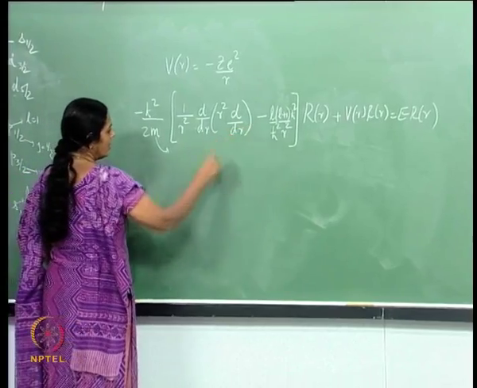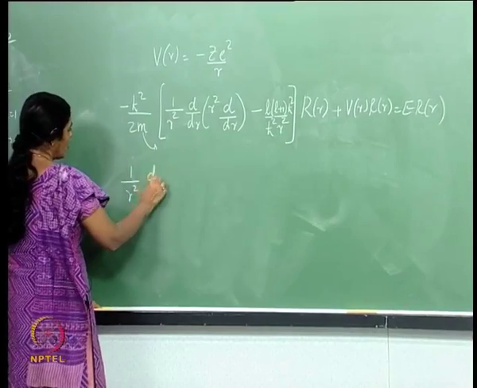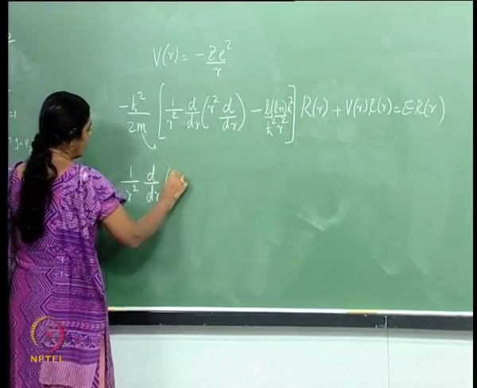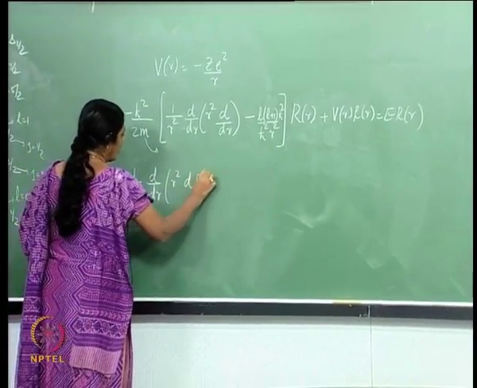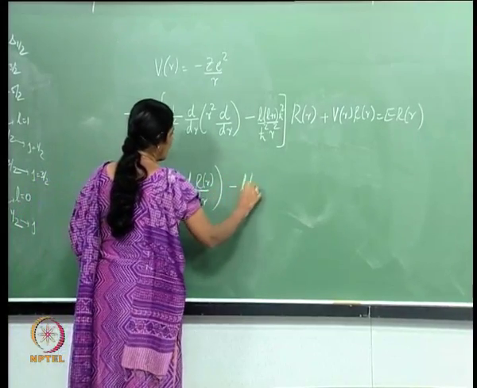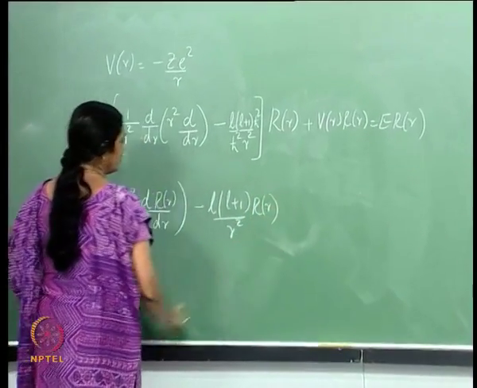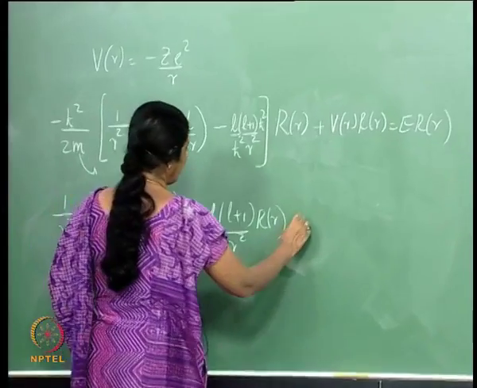Now suppose I multiply the whole thing by 2m by h-cross squared. So I have 1 by r squared d by dr of r squared dR of r by dr. That's the first term, minus l times (l plus 1) by r squared R of r. That's the second term.